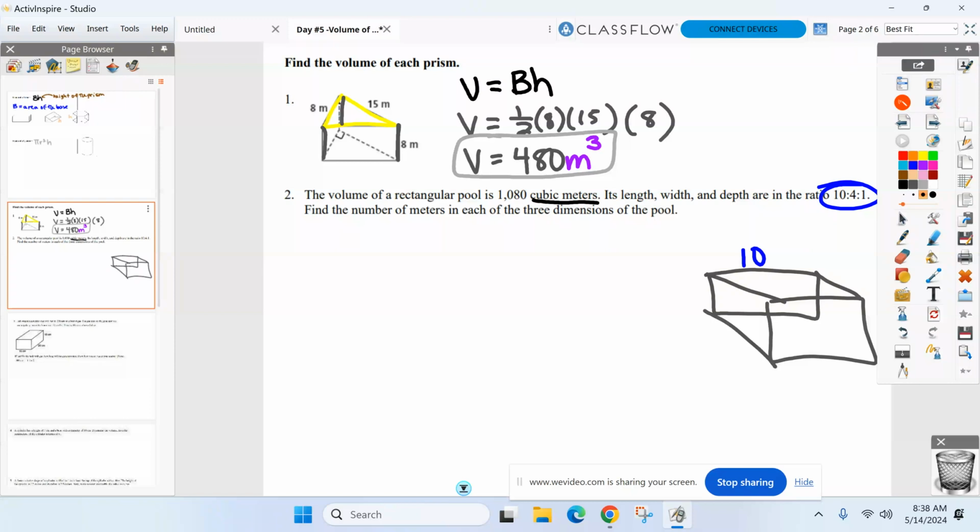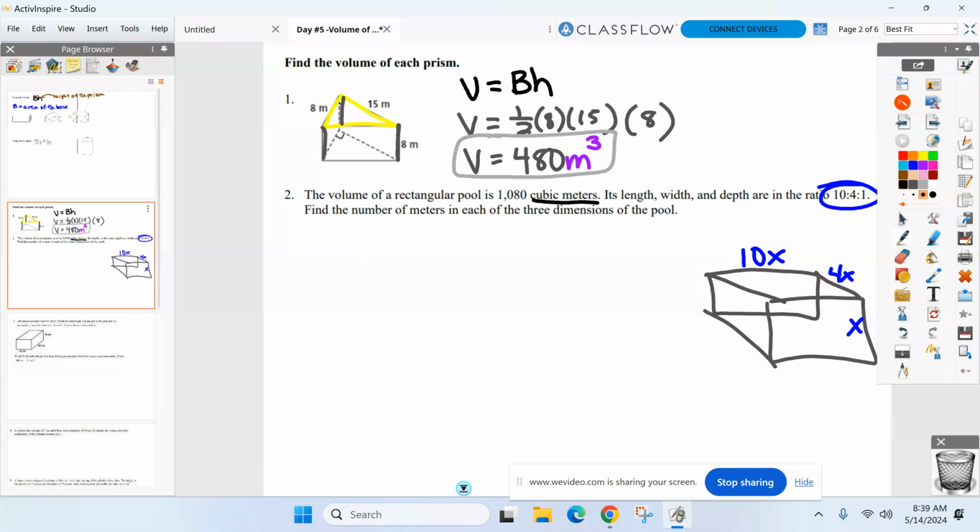No. The length is 10x. Wherever you want to put that, it doesn't have to go there. The width is not 4, it's 4x. And the depth, the height, x. And this is a rectangular pool, so rectangular prism.